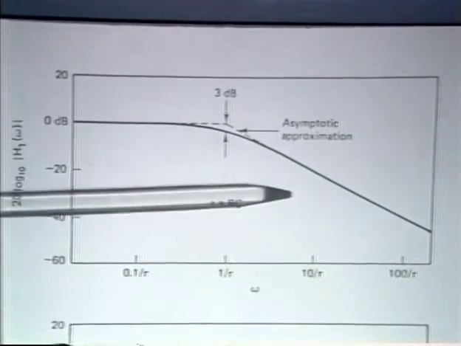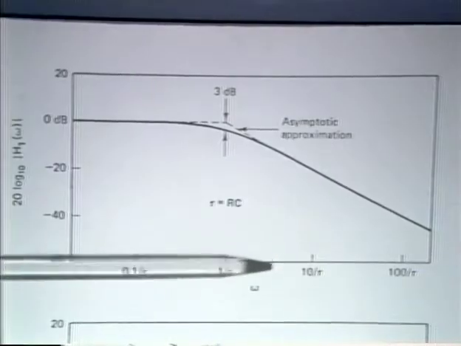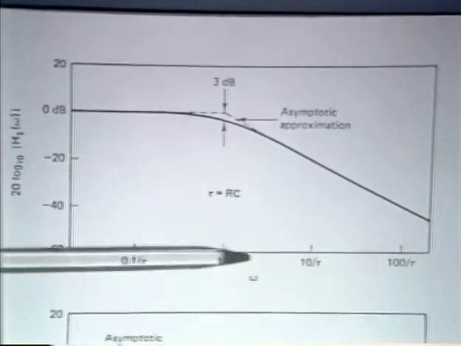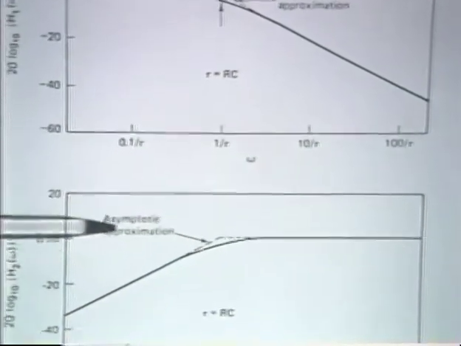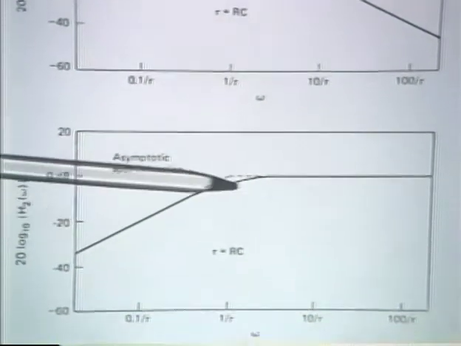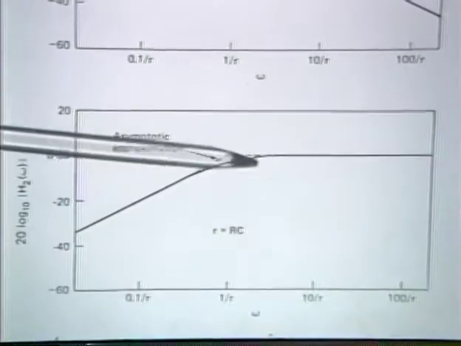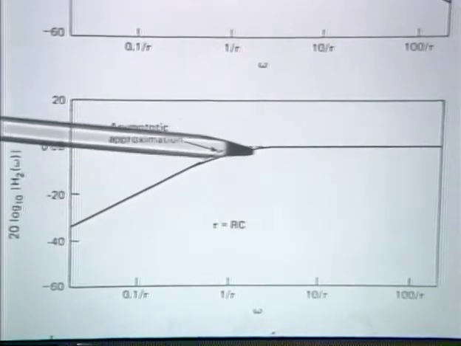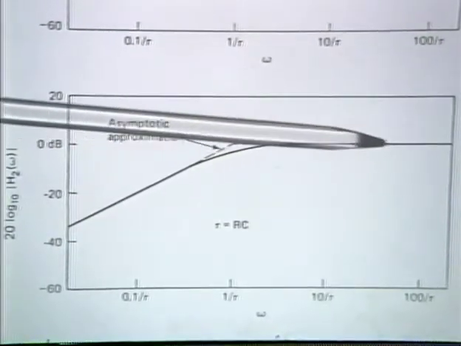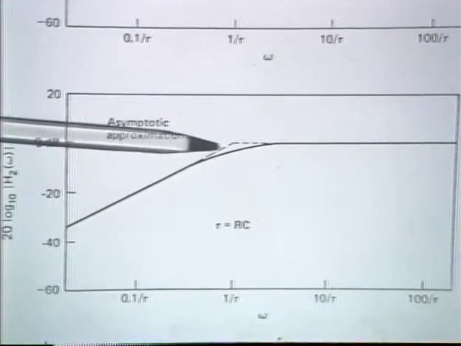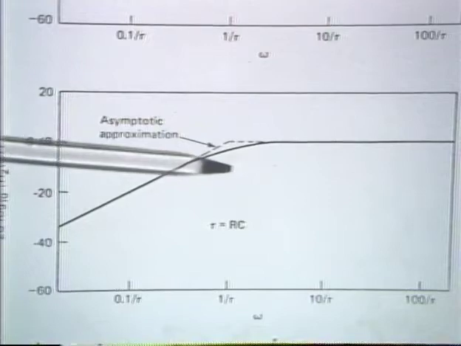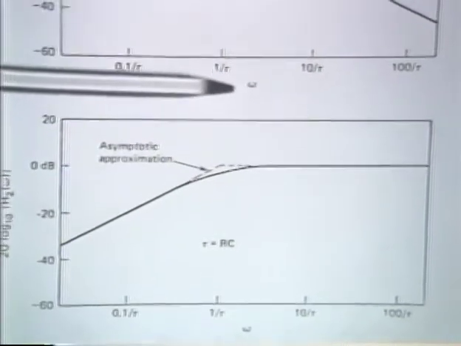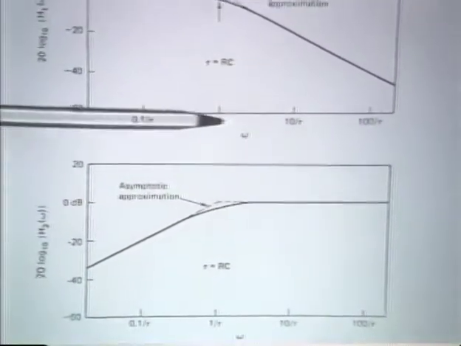Or if instead we look at the system function associated with the resistor output, that corresponds to a 10 dB per decade increase in frequency up to approximately the reciprocal of the time constant, and then approaching a flat characteristic after that.